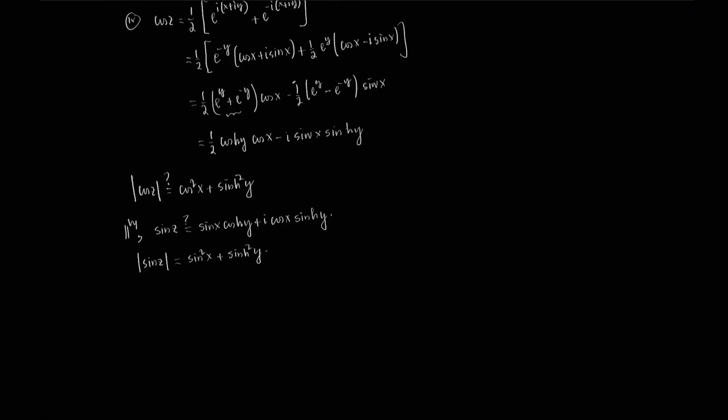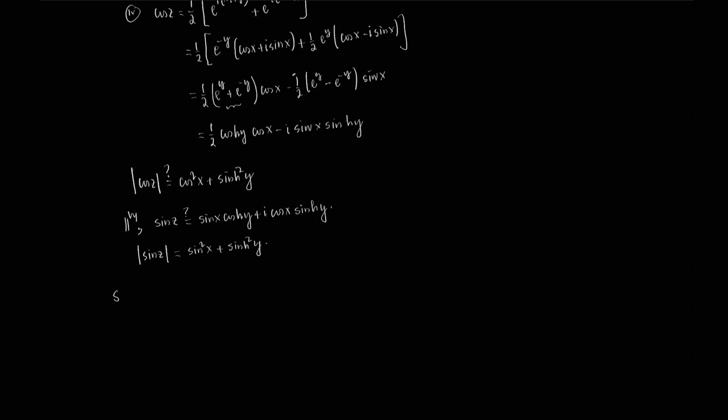So, since cosine and sine are defined using exponentials, you can show that sine z and cosine z are 2 pi periodic.